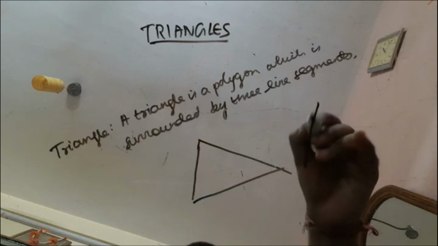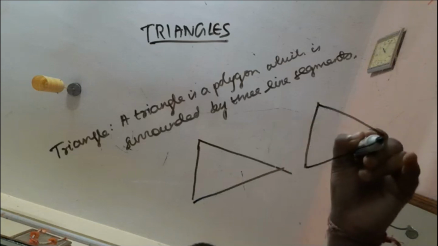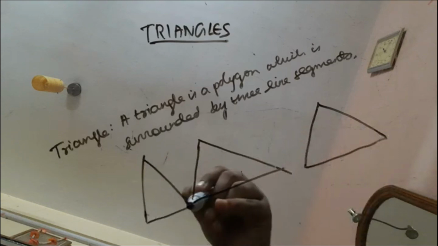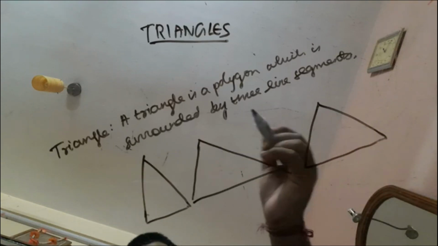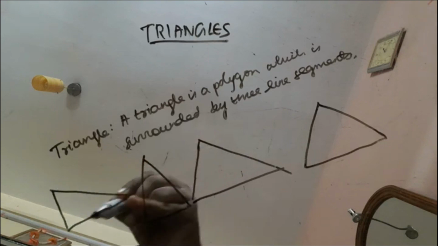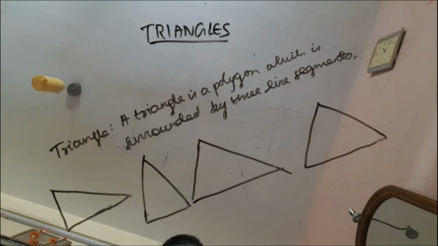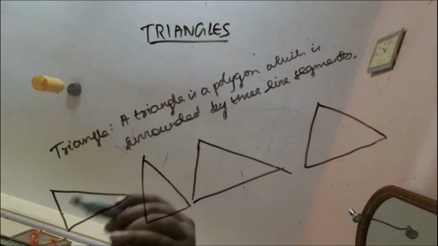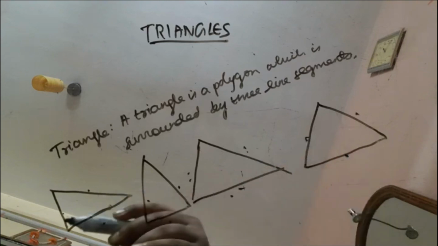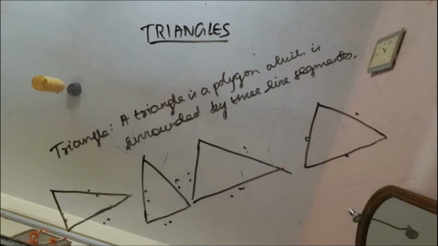This might also be a triangle. Can you see this? Yes, this is a triangle. So all of these are triangles. These are all bounded by 3 line segments. You can see this: 1, 2, 3, 1, 2, 3, 1, 2, 3, 1, 2, 3. So all of them are bounded by 3 line segments, so all of these are triangles.